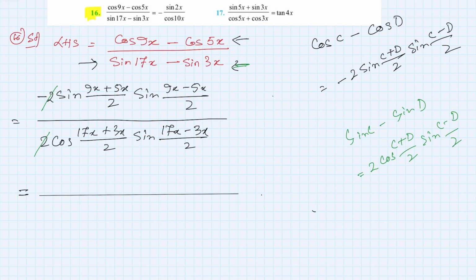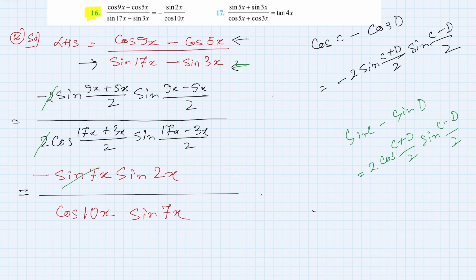Now here you see it becomes sin of 9x plus 5x, that will be 14 divided by 2, 7x, then 9x minus 5x, that will be 4x divided by 2, 2x. So here it will be sin 2x. Here we will get cos of 17 plus 3, 20 divided by 2, so cos 10x, with a minus sign, and sin of 17 minus 3, that is sin 14x by 2, that is sin 7x.